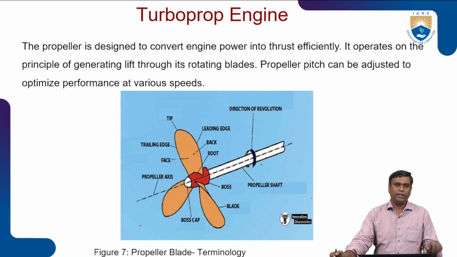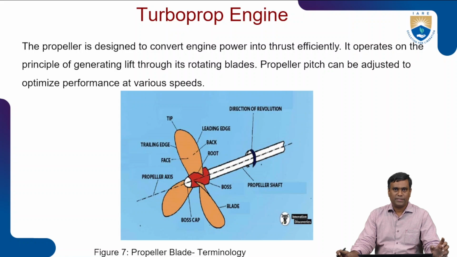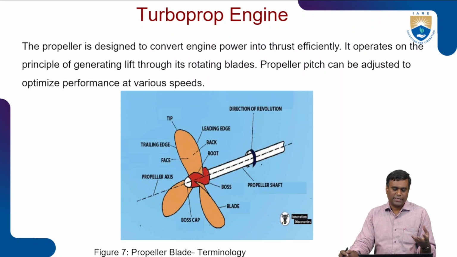Yeah, and in this turboprop engine, propeller performance plays a vital role. So it's good to have some knowledge of the terminology and some design aspects of the propeller. Propellers are installed in this engine to convert shaft power, which is generated by the core engine, into thrust, right?